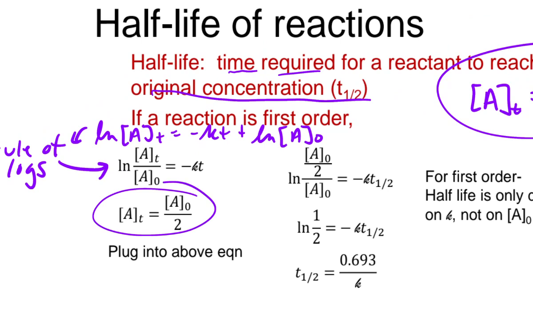We can plug that into here, and we end up with this equation. So equation 1, 2, we end up with equation 3. The other thing to note here is that I've given our time a special subscript, T1/2, signifying half-life. Okay.